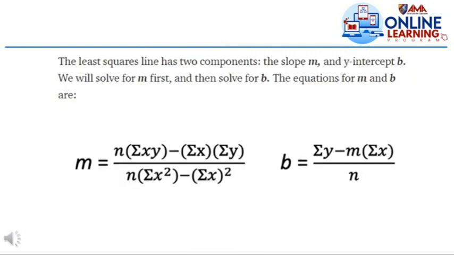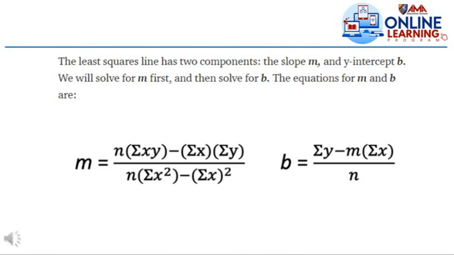The least squares line has 2 components, the slope m and the y-intercept b. We will solve for m first and then solve for b. The equations for m and b are given below. The formula for the slope m is n times the summation of xy minus summation of x times summation of y, all over n times summation of x squared minus summation of x, squared.